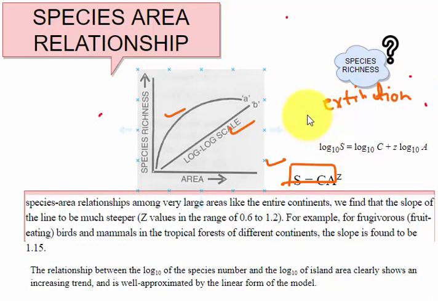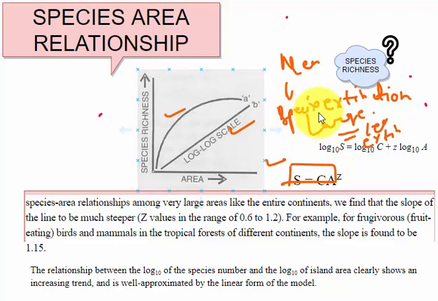In a large island, as the species richness is more, there will be more immigration and less extinction, right? And the island which is near to the mainland is less prone to extinction and has more species.